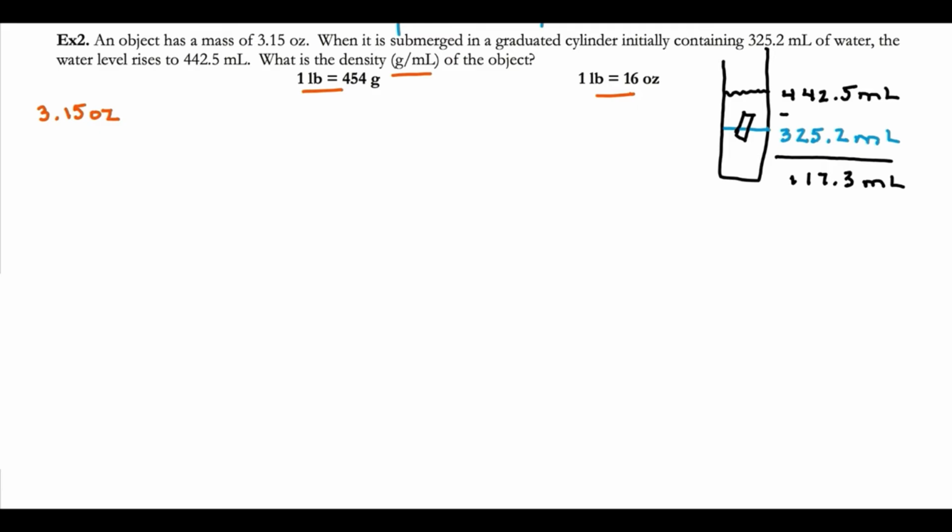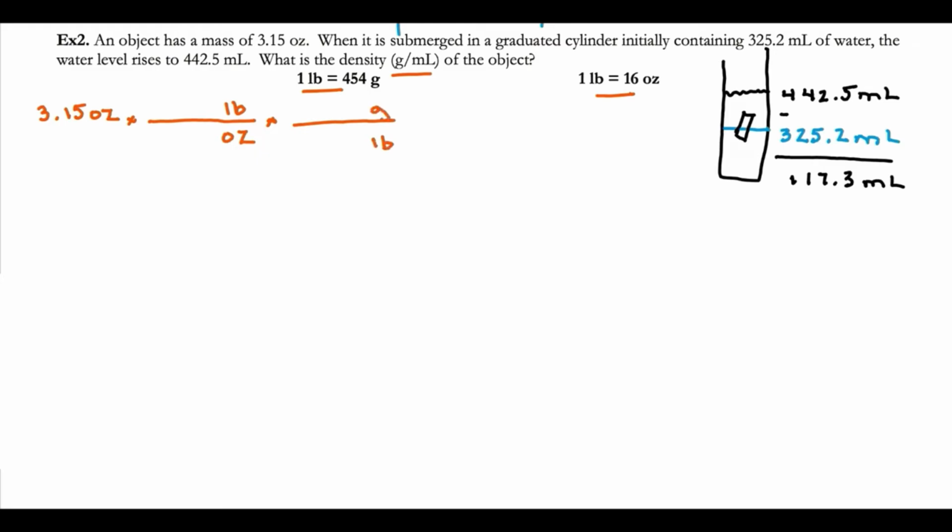Okay, I'm in ounces. I want to get into grams because that's the unit for mass in the density that I want. So notice the two conversion factors allow me to get out of ounces, first into pounds. Now I'm in pounds, I don't want to stay in pounds. Now I can get into grams.